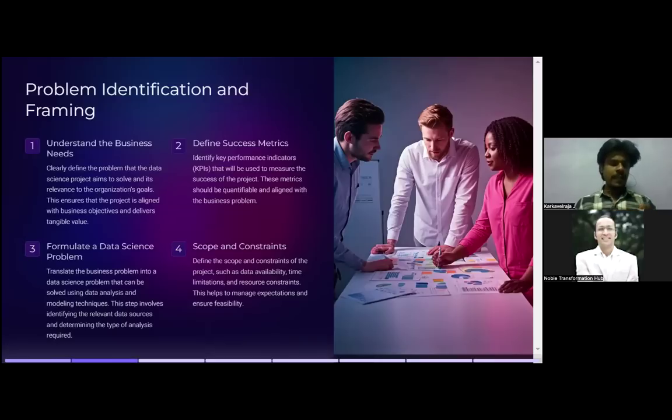Then formulate the data science problem. This is a major thing. For our problem of finding whether a patient has heart disease or not, what is our data science problem and how do we formulate it? First, how are we going to collect the data? Are we going to collect it, or is the client going to give us the data? Is the data going to have some impurities, and do we need to process it?